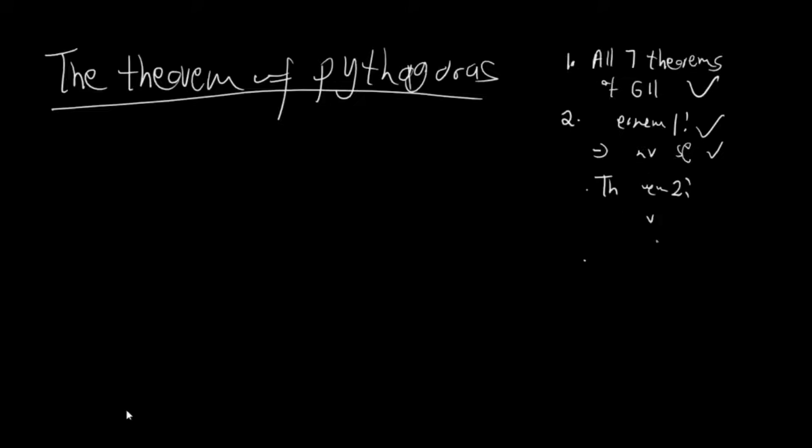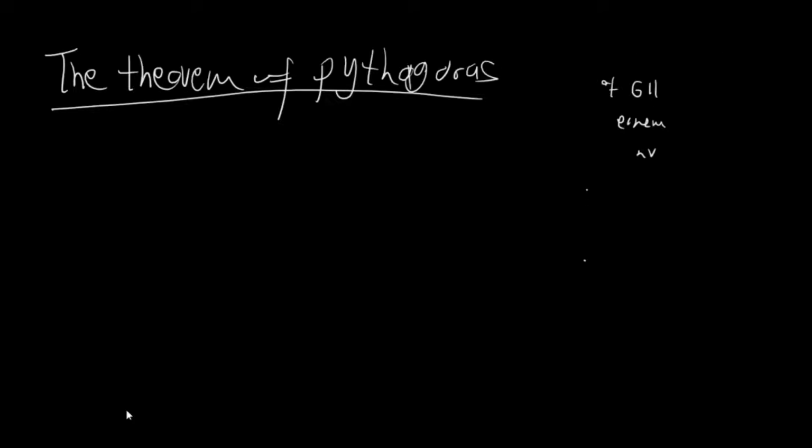Let's now solve this last one. It normally appears as the last question of your grade 12 paper 2, the Theorem of Pythagoras, and not everyone gets it right. So I hope you guys will get it right.